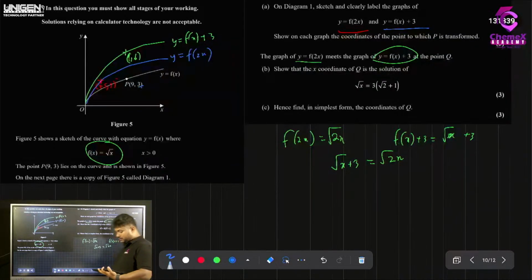What can you do? How to solve? Root x, I am taking it out.